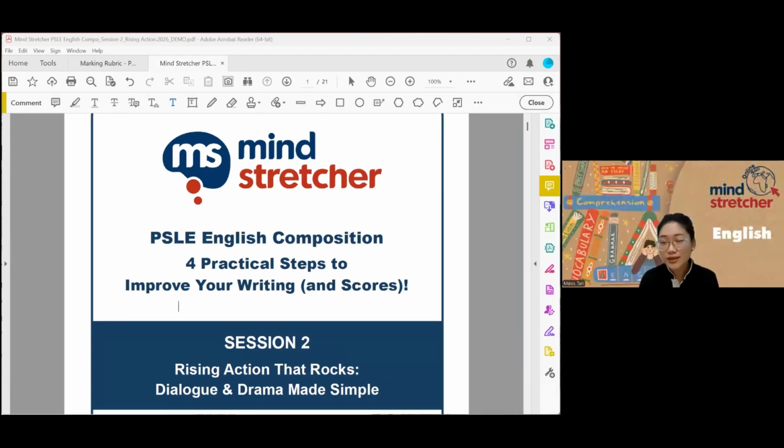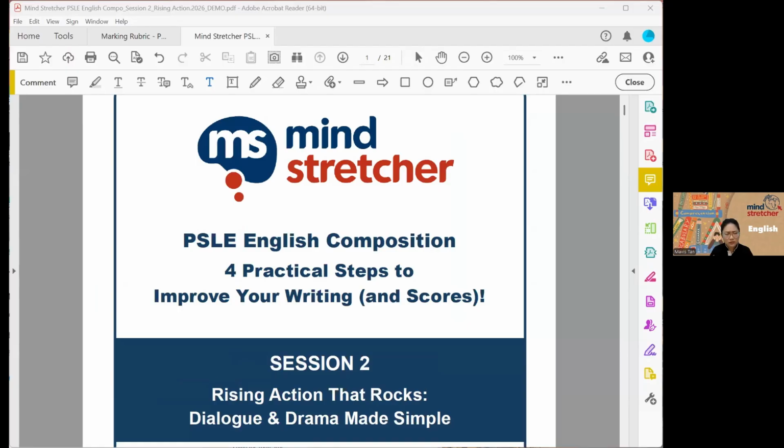So yes, in the rising action is where we reveal the problem, and we show what our characters do to try to deal with the problem. So the introduction of the problem, their reaction to it, what are they doing to deal or cope with the problem? And then are there people who are around to help them or are they alone?